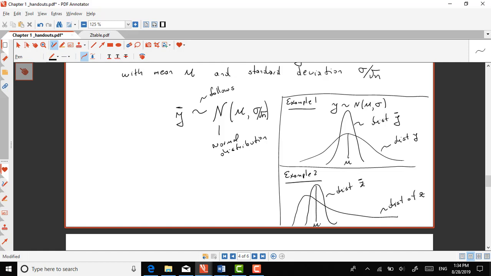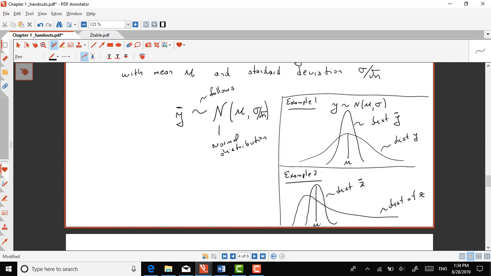Is that clear? I'm not trying to confuse you here. The main idea is, according to this central limit theorem, the distribution of the mean of any variable, regardless of the distribution of the original variable, is always going to be normal. The mean of that sampling distribution is equal to the mean of the original variable, and the standard deviation is equal to the standard deviation of the original variable divided by the square root of n.